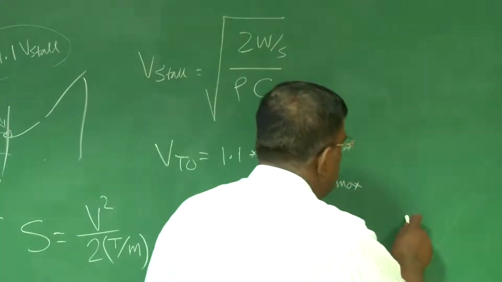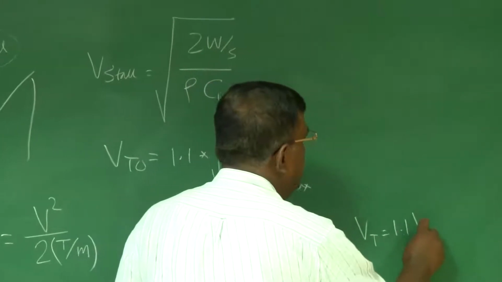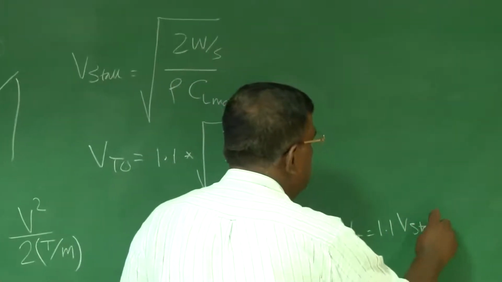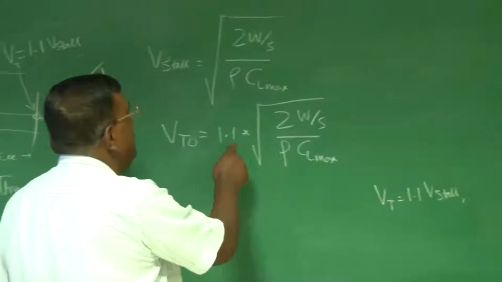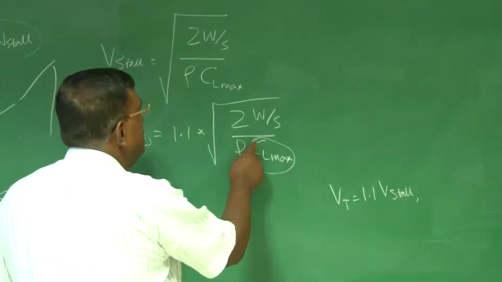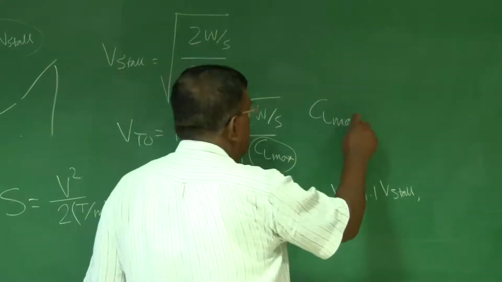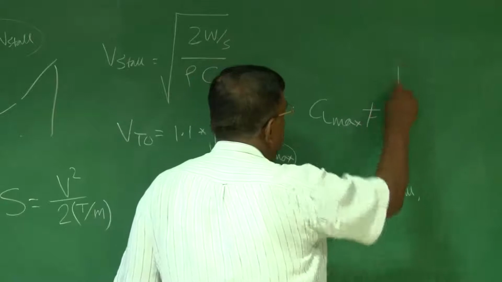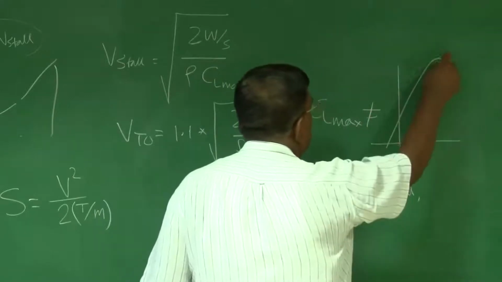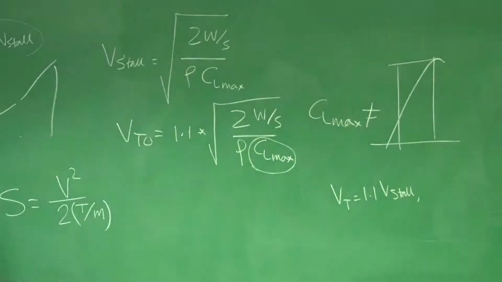But we also understand that since I am taking off at 1.1 times V stall, we need to understand that the CL max is not the CL max here, what we are aware of is the CL max corresponding to V stall, because V takeoff is 1.1 times V stall.